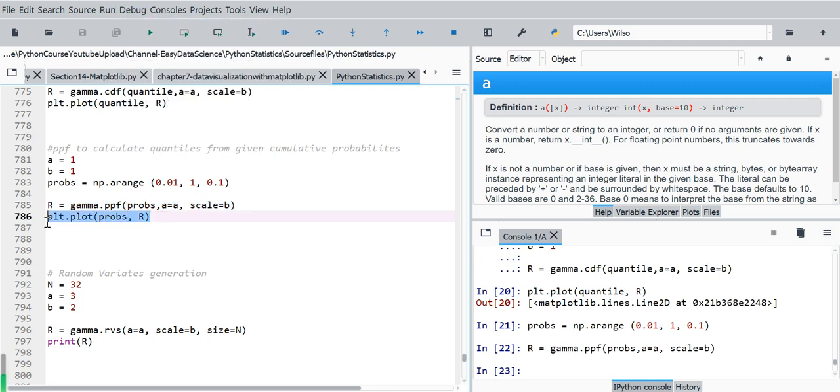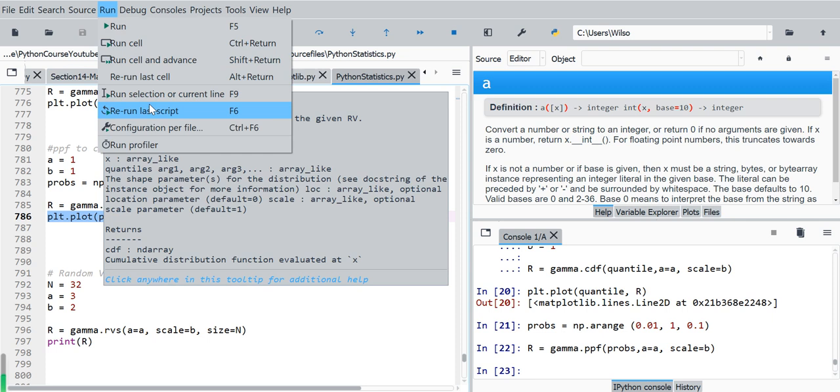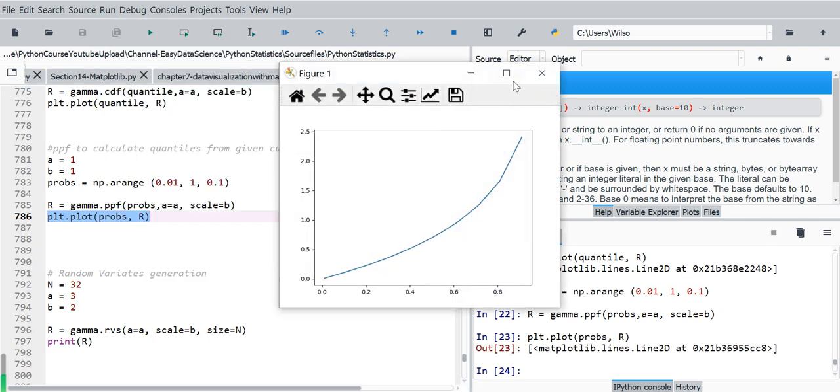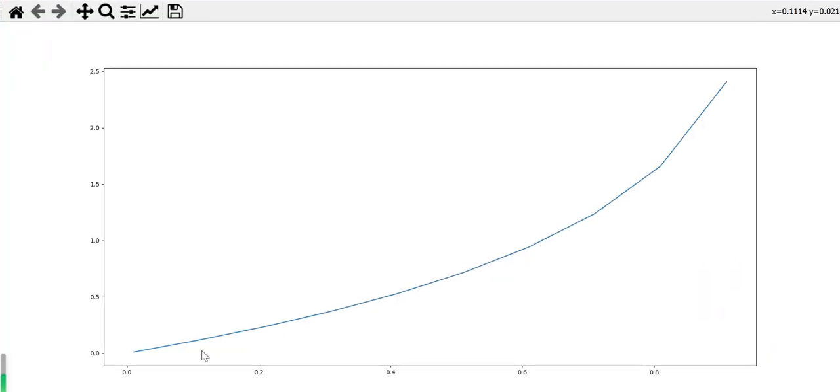So we can show the relationship in the curve with the probabilities on the x-axis and the calculated random variables on the y-axis. These random variables also increase with the probabilities.